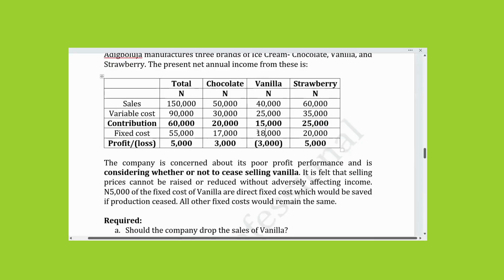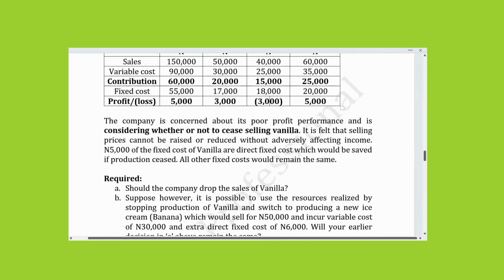So what we are saying is that if you discontinue producing vanilla, the contribution of that 10,000 naira has already reduced the total fixed cost. Whether the company likes it or not, you've already incurred this 55,000 naira fixed overhead.